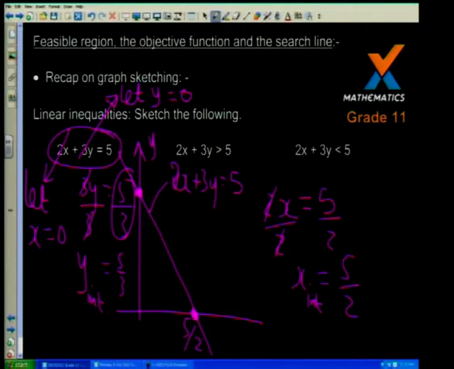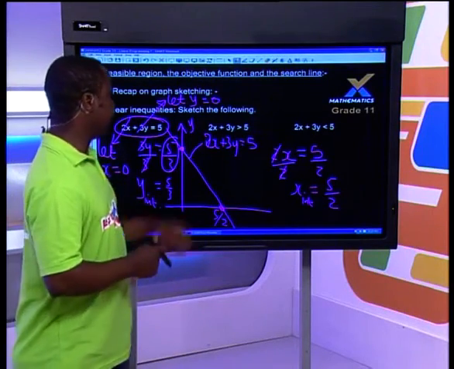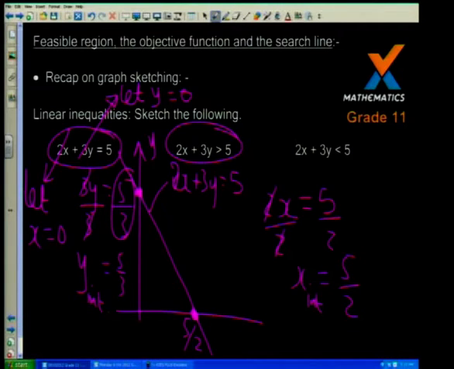Now the question is, if you were given this thing as inequalities, what did you do? In this case, you've been given 2x plus 3y is greater than 5. So you will have to imagine where the line is. Because it says greater than, you would mark anything that is above the line. I use the arrows like that.